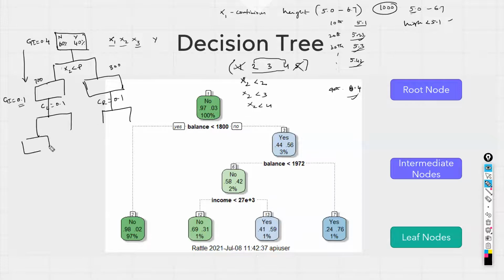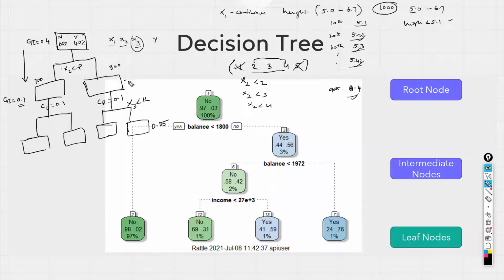And then we will start splitting this again. So this becomes a new parent node. This becomes a new parent node. And we will try to split this parent node into two small children. If any other variable, let's say x3 less than some k, was able to reduce this from 0.1 to 0.05.